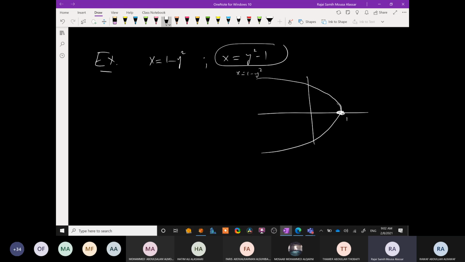And this one is also a sideways parabola, but the vertex is to the left. So the vertex is here, and it goes as such. We also join here. So this is x equals y squared minus 1. You see that, Asham? Is that okay?